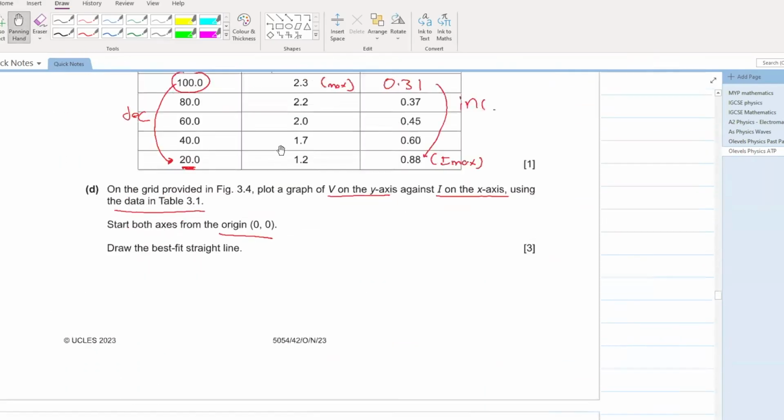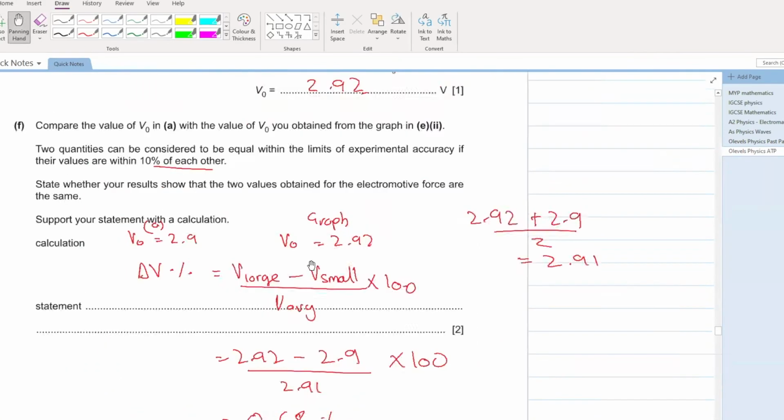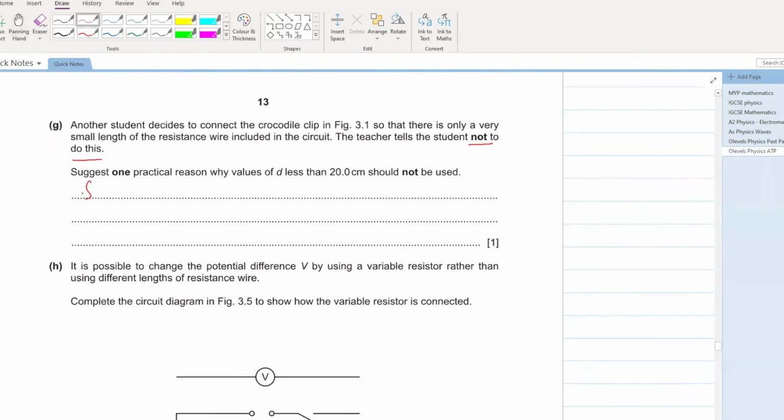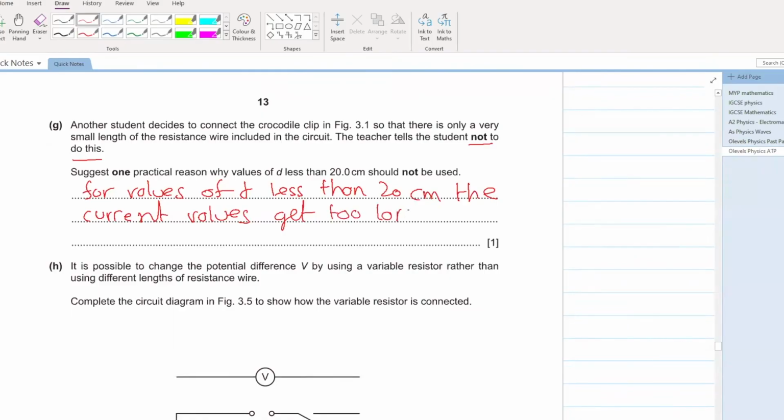You can write it here. For values of D less than 20 centimeter, the current values get too large and the circuit heats up.